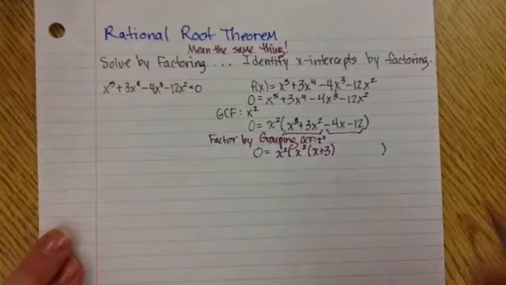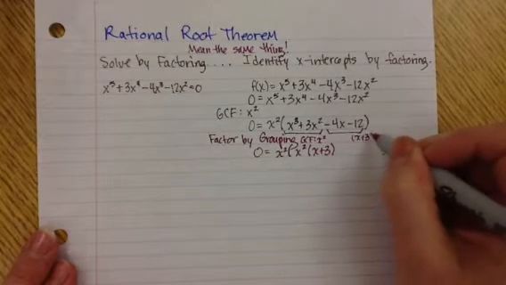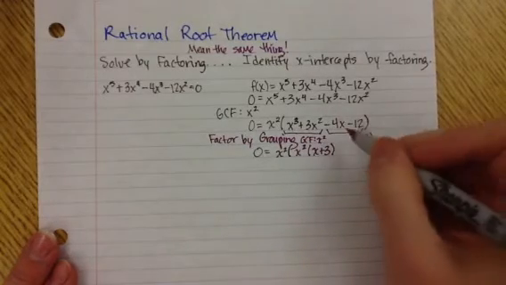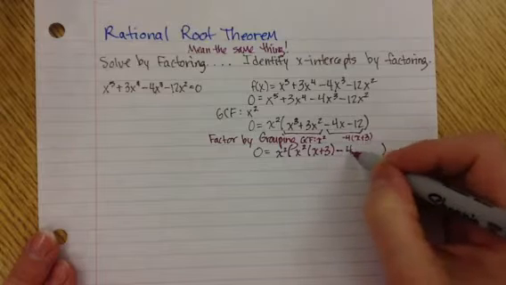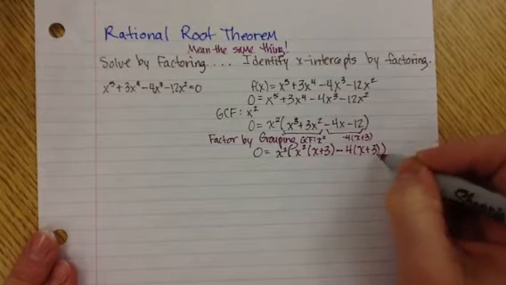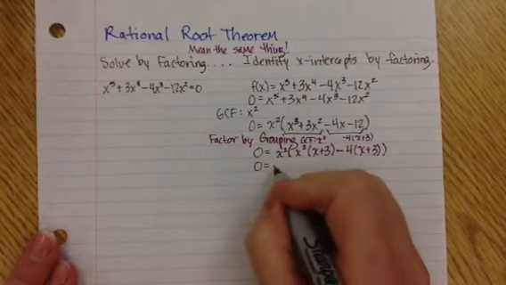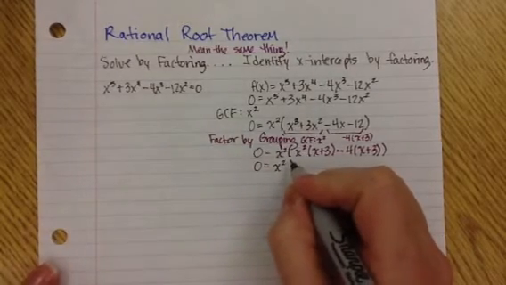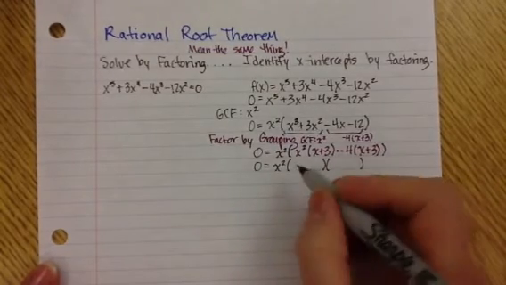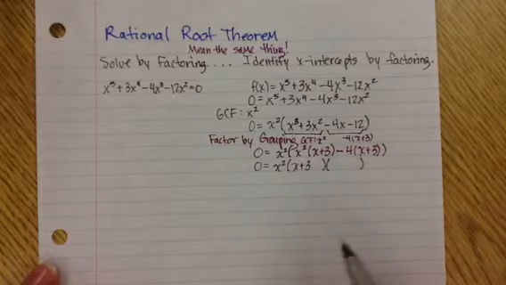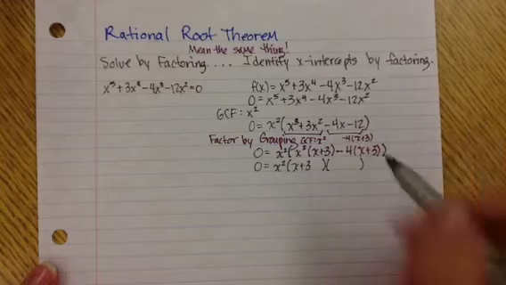And then I need to take out something from my second group that will make it match x plus 3. And the number that's going to make that happen is a negative 4. So I'll have minus 4 times x plus 3. Then I can rewrite as 0 equals the x squared that I had before times my common parenthesis of x plus 3 times the common factors that were left outside, x squared minus 4.